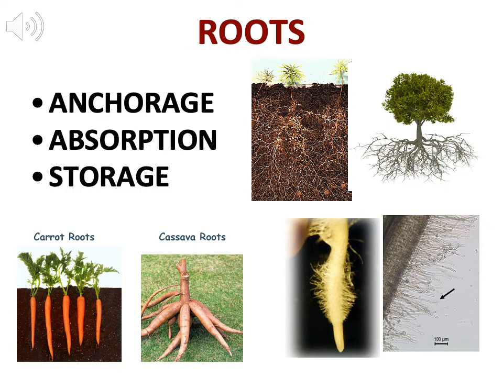Roots, as part of the below ground portions of the plant, are going to have a number of important functions related to life on land. In first case, life on land means you're dealing with gravity, which means the plant has to be maintained in a certain position relative to the sky and the sun and all that. So the roots are going to be functioning as a means of anchoring the plant in place.